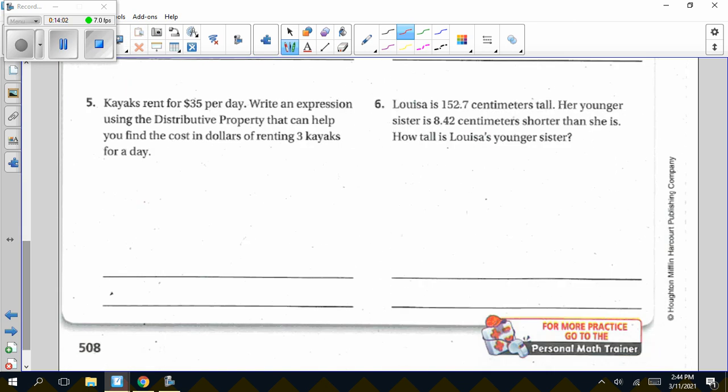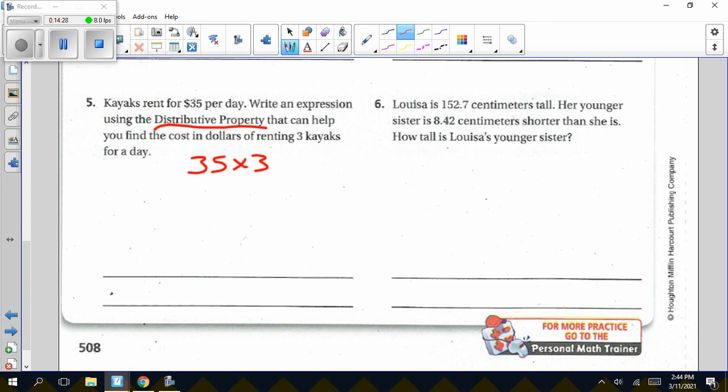Question number 5. Kayaks rent for $35 per day. Write an expression using the distributive property that can help you find the cost in dollars of renting three kayaks for the day. So we would simply take 35 times 3, but we want to use the distributive property.